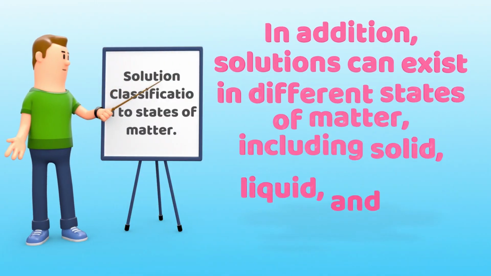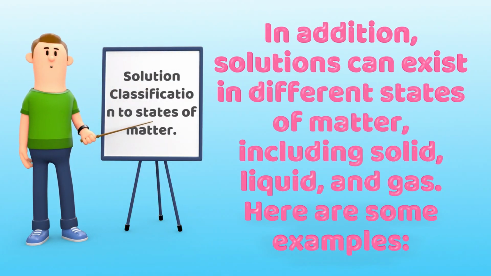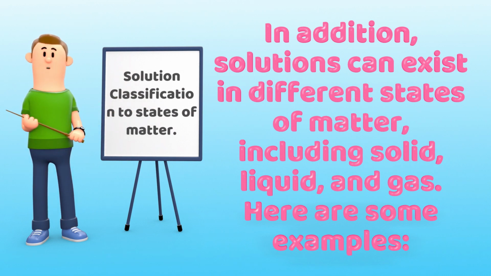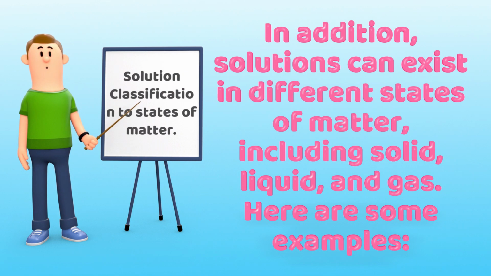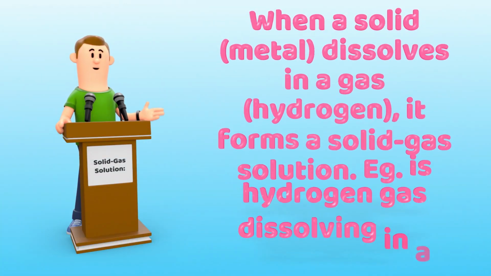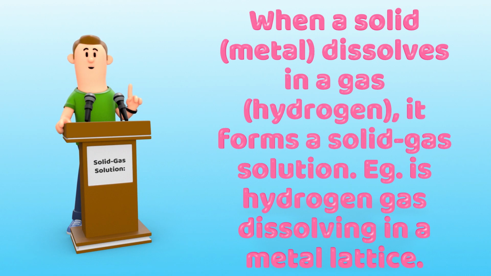Let's now see solution classification according to states of matter. In addition, solutions can exist in different states of matter, including solid, liquid, and gas. The first is a solid-gas solution.